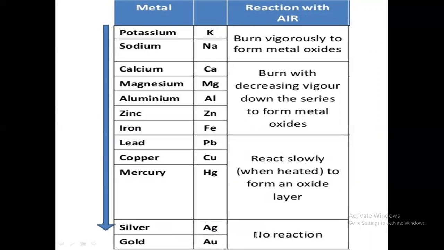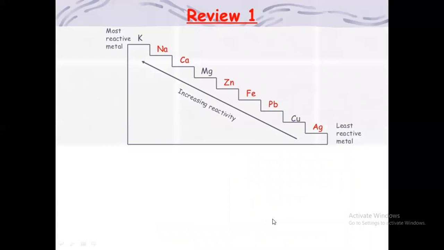So they are placed at the bottom of the reactivity series. Clear? So this is how the reactivity series ranks metals according to their reactivity, right? Most reactive metal at the top, least reactive metal at the bottom. Clear?